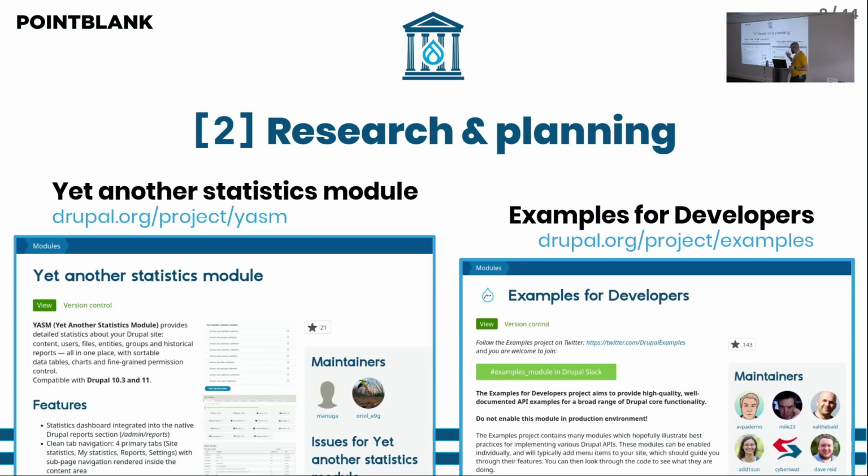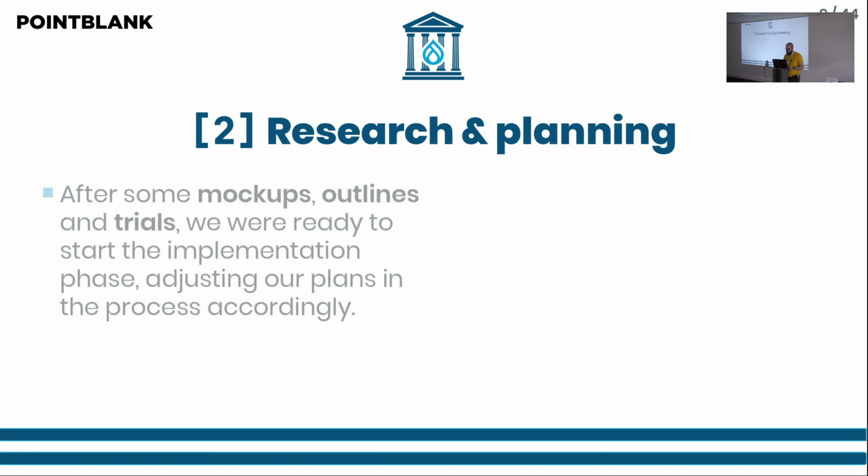In our case, this module was yet another statistics module, which served as a good start for how it was organized and how the logic between the queries and so on was developed. And we also used in the beginning the Examples for Developers module, which always serves as a good start, using the well-documented Drupal API examples in order to see how we can build upon them.